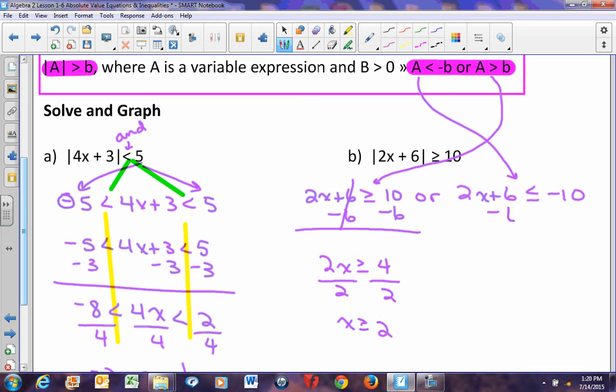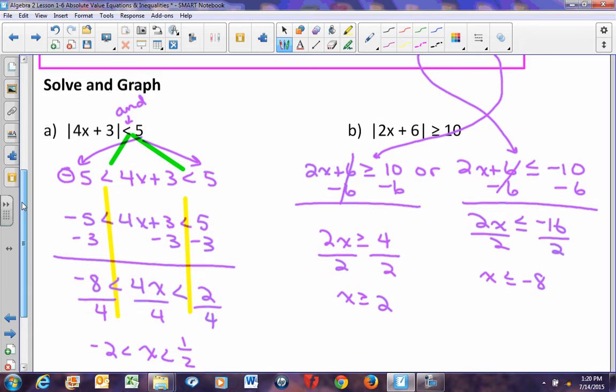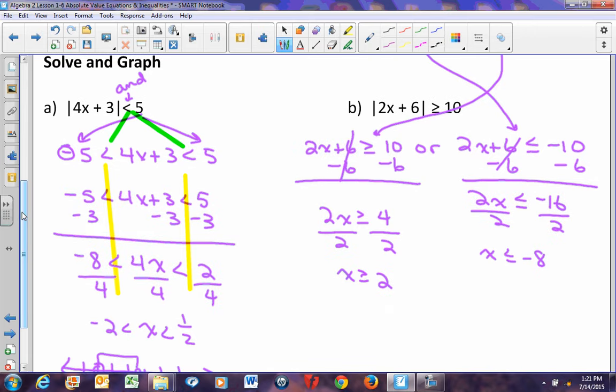Over here, subtract 6, these will cancel out. 2x is less than or equal to 16. Divide by 2. X is less than or equal to negative 8. So x is greater than or equal to 2, or x is less than or equal to negative 8. So there's the answer to the inequality.